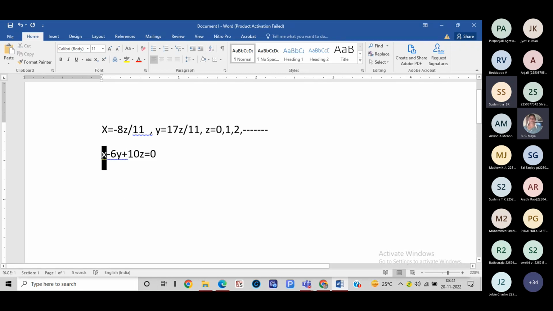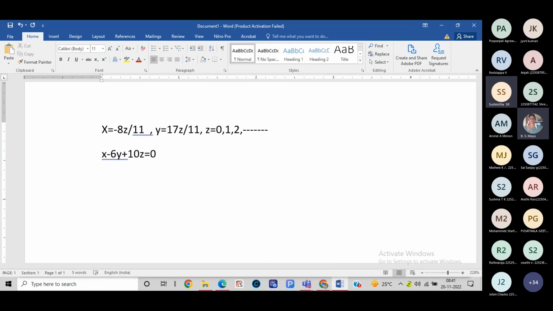If you substitute the x value and the y value, definitely my answer should be equal to 0. Only then can you say the x and y you found are correct. The next task is to substitute x and y.